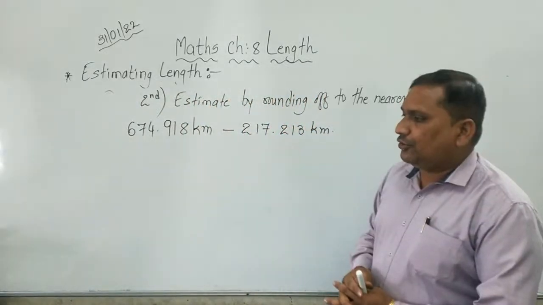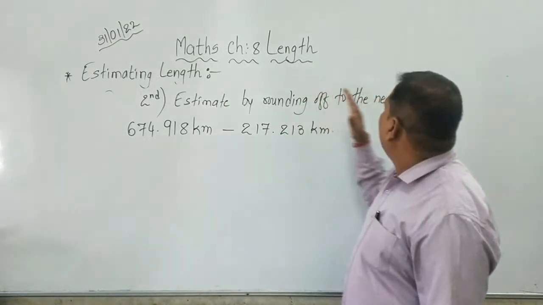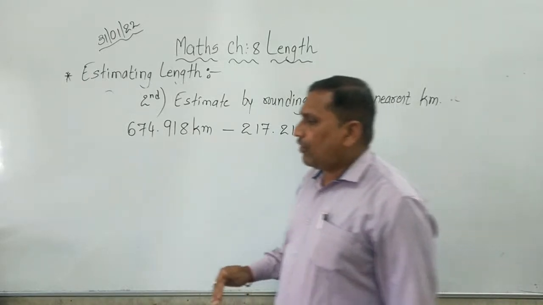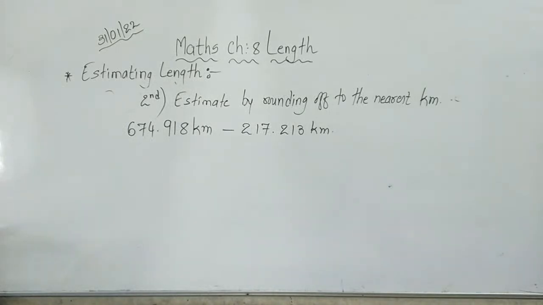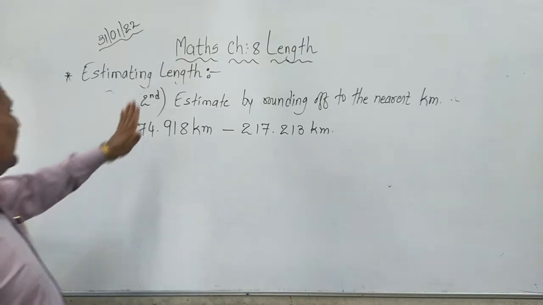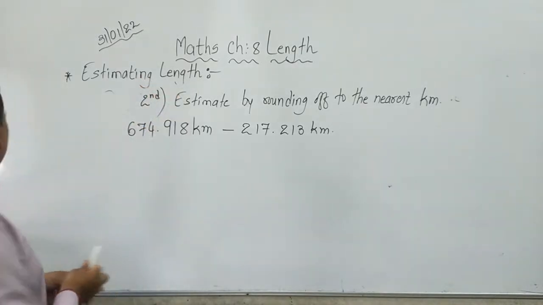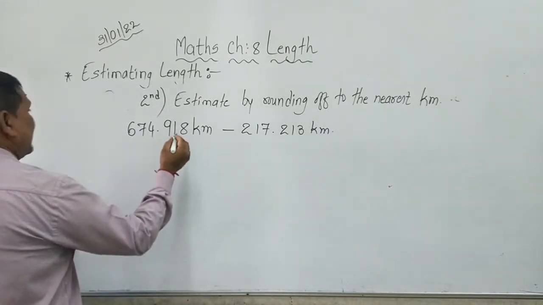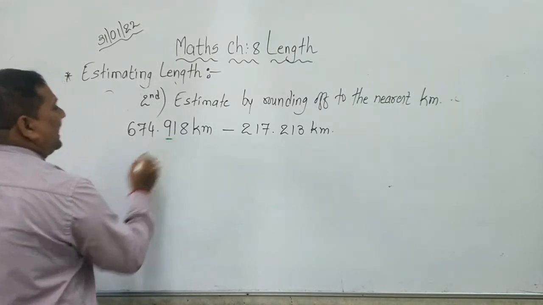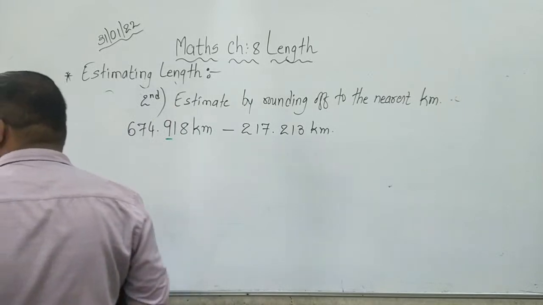So what will we do? It has been given. After decimal here, what is there? 9, which is greater than 5. So what will we do?